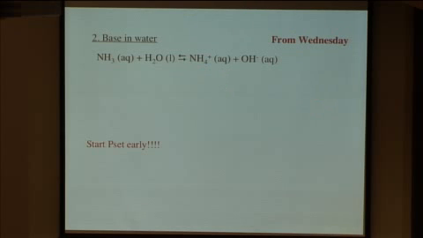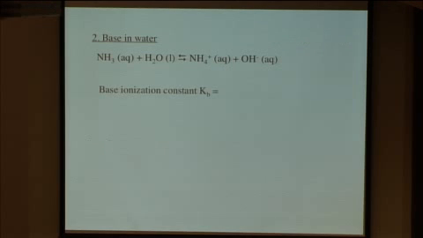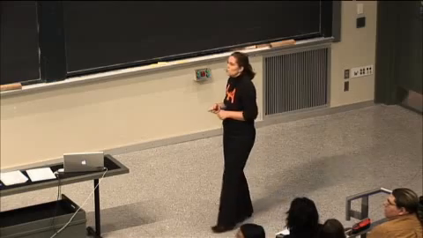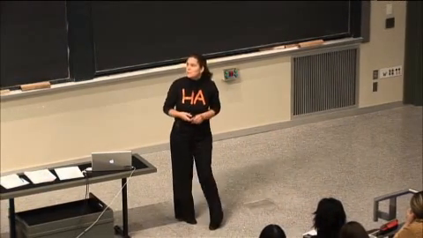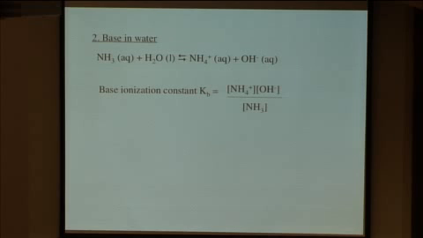So here we have a base in water. And when we're talking about a base in water, we're going to talk about a base ionization constant, or Kb. At the end of last class, we talked about the acid ionization constant, or Ka. And when you're talking about bases, you're going to talk about Kbs. So Kb is an equilibrium constant for this reaction of a base in water.